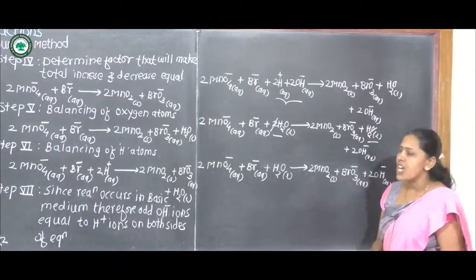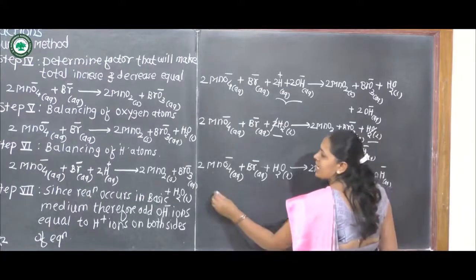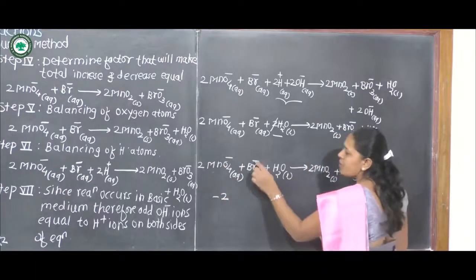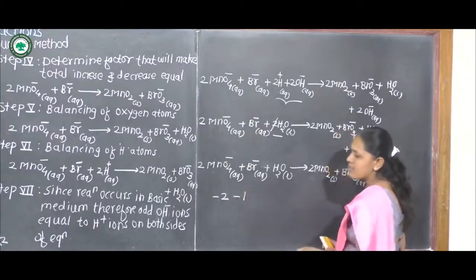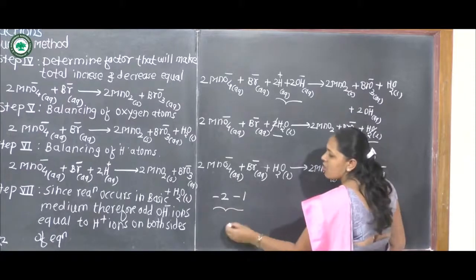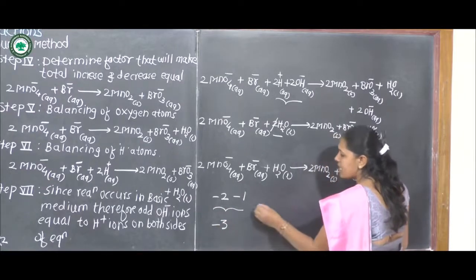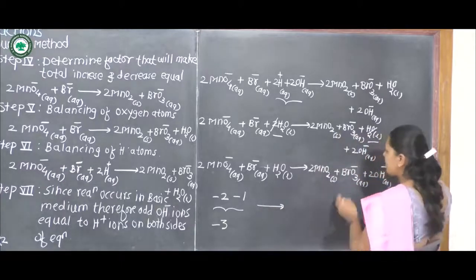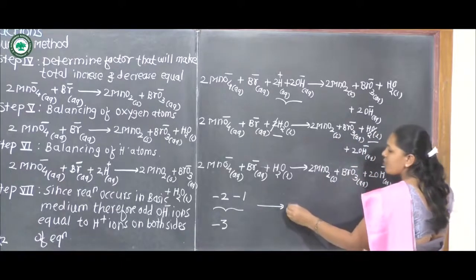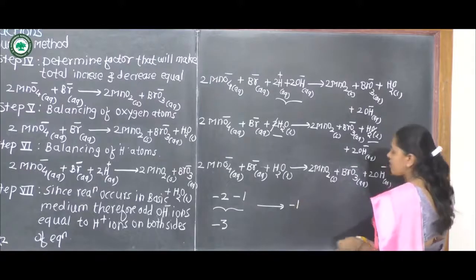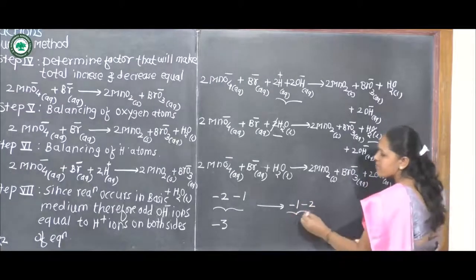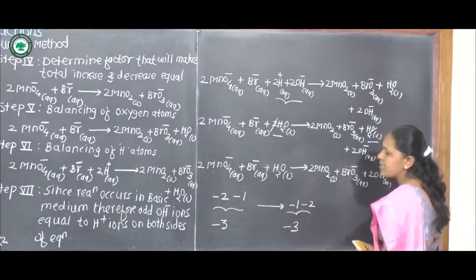Now check the charges. On the left-hand side, 2 multiplied by minus 1 is minus 2, and 1 multiplied by minus 1 is minus 1. Total charge on the left-hand side is minus 3. Then count the charge on the right-hand side: 1 multiplied by minus 1 is minus 1, and 2 multiplied by minus 1 is minus 2, total minus 3.